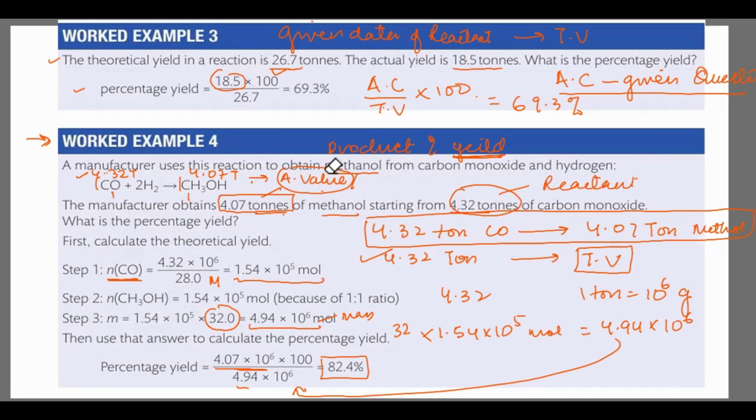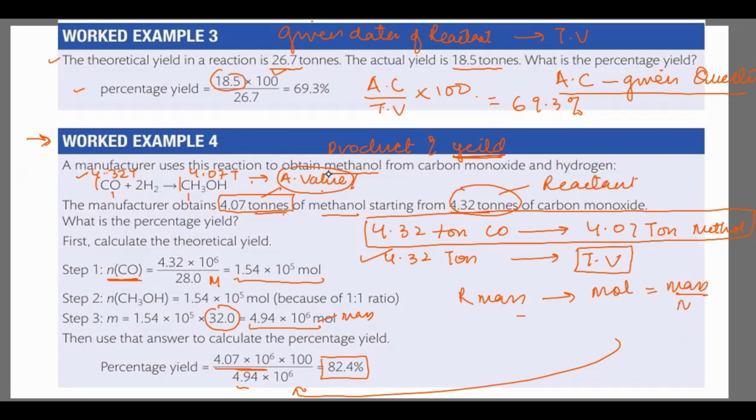Let me give you the shortcut here. These are the steps we have done. The mass which has been given to you, you converted into moles, by dividing its mass by the molar mass.